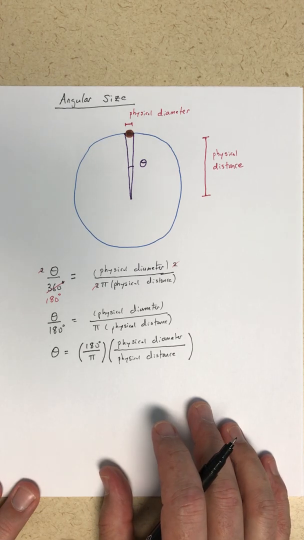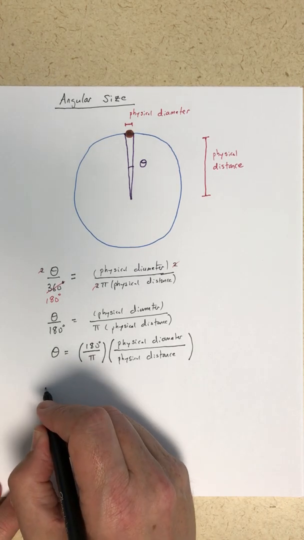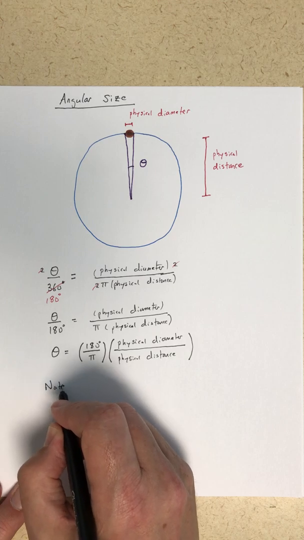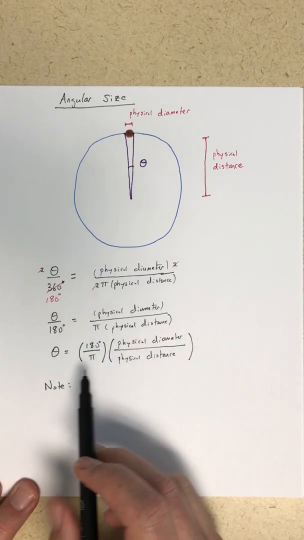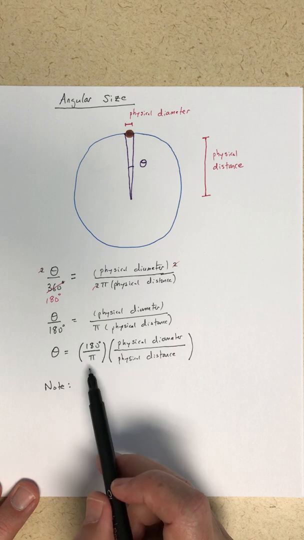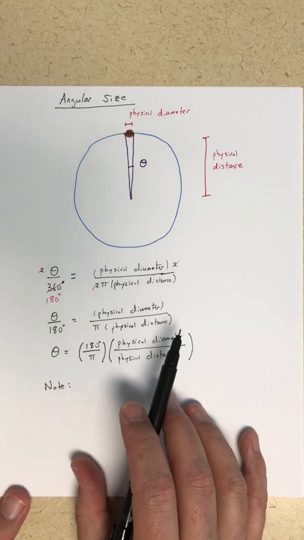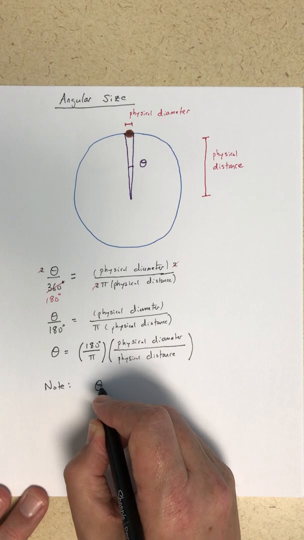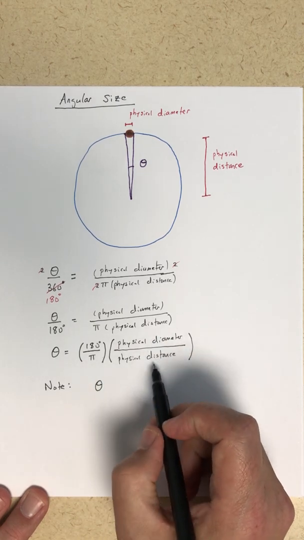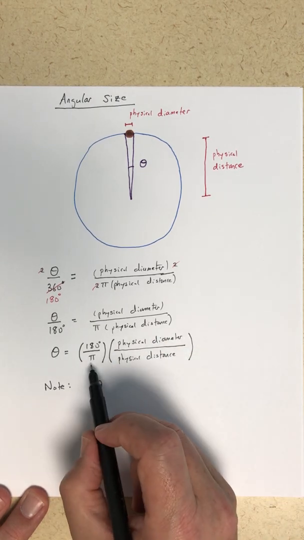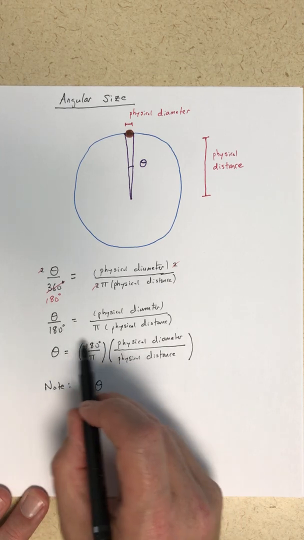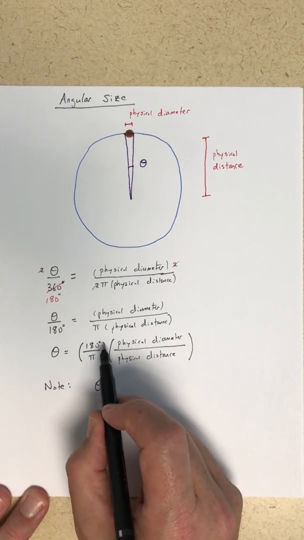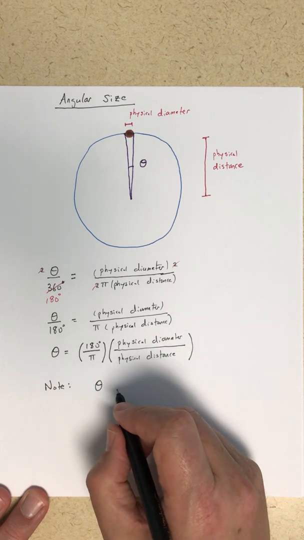Okay, so a few things to note about this. I've gone through it to show you where the 180 degrees over pi comes from, so it's hopefully less of a mystery. These units will hopefully cancel out. Pi is a pure number, so the only thing that has a unit over here is the 180 degrees.